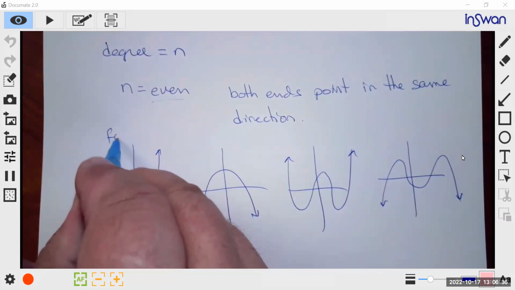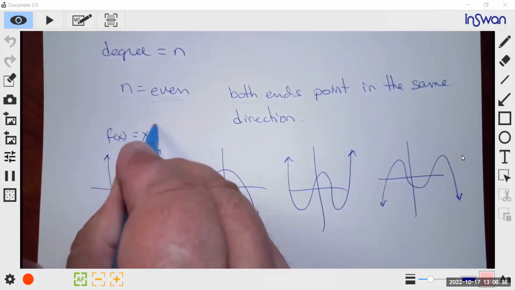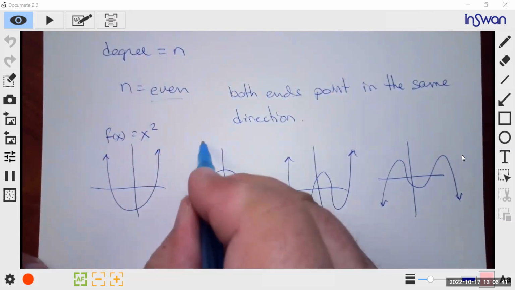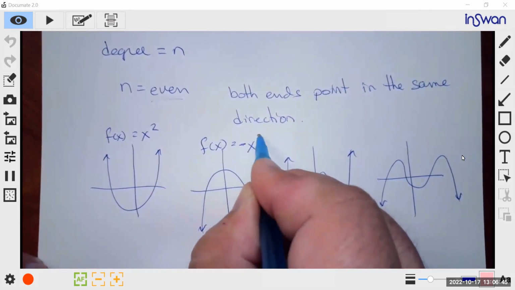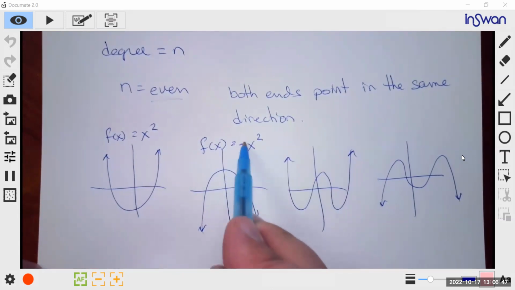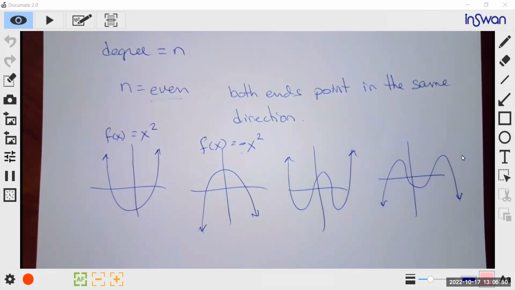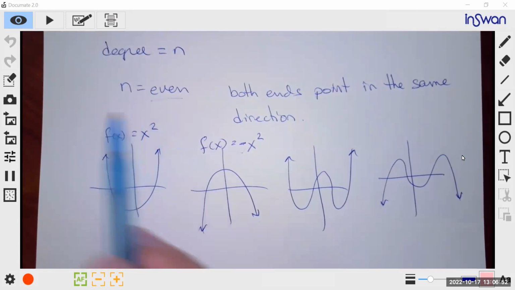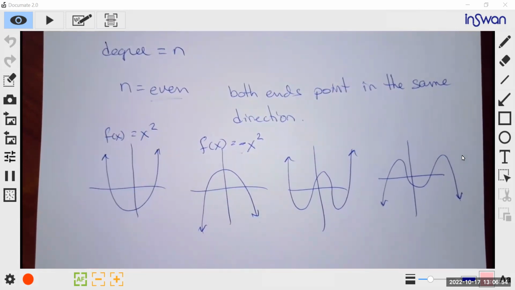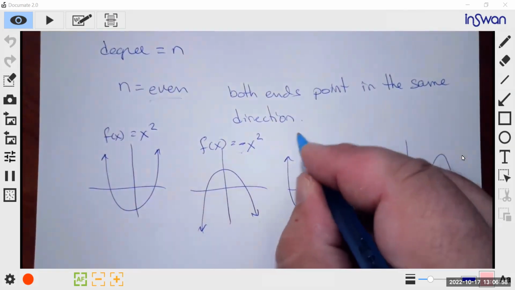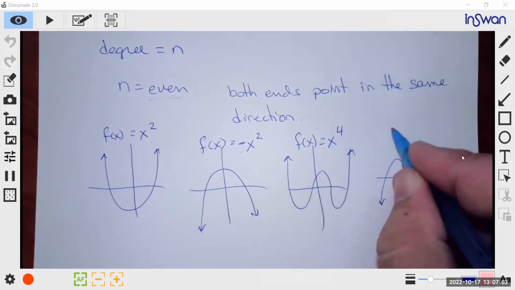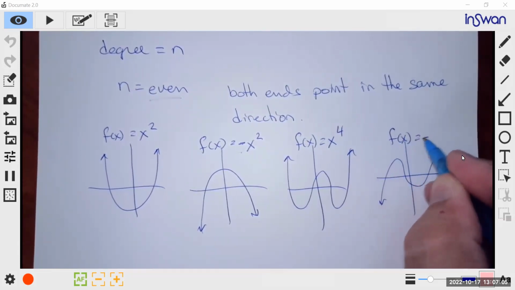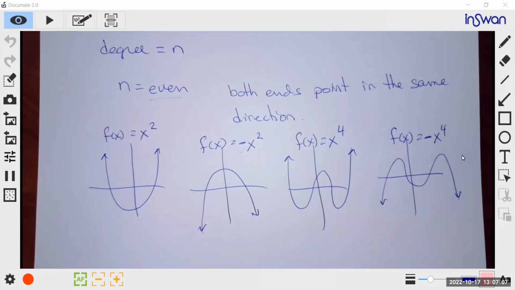That one's the leading coefficient. If it's positive, it opens up. If it's negative, it goes down. Same thing here. This is x to the fourth. This is negative x to the fourth.